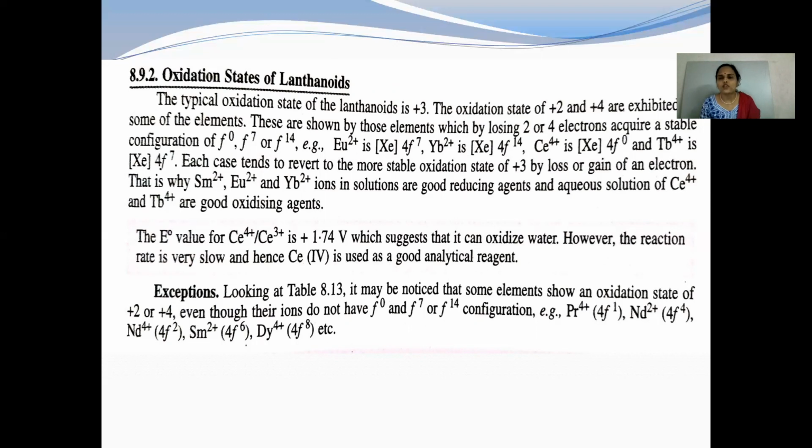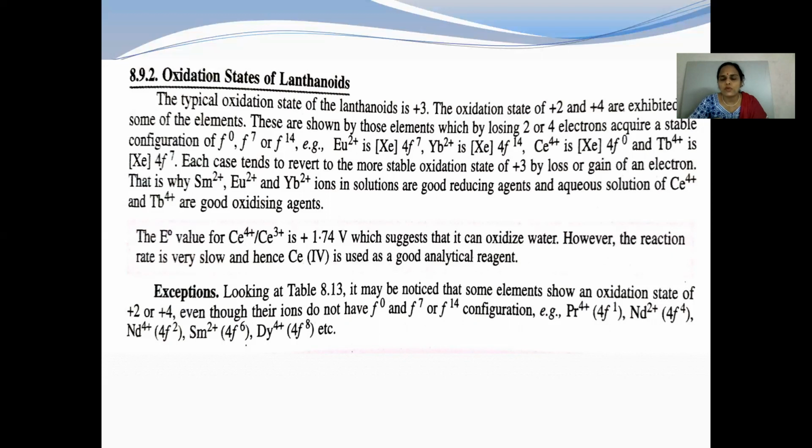The E0 value for Ce4+/Ce3+ is 1.74 volt, which suggests that it can oxidize water. However, the reaction rate is very slow, and hence cerium in +4 state is used as a good analytical reagent.